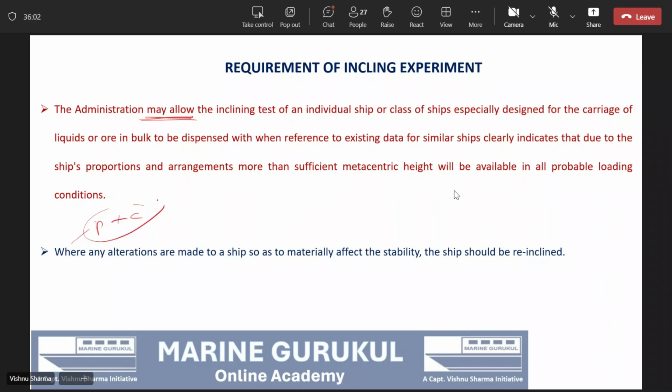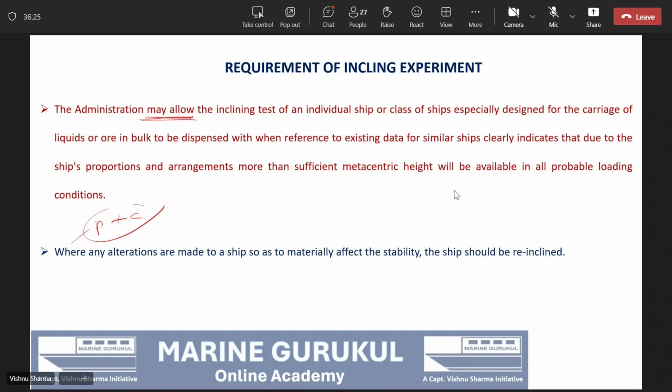But for passenger ships, because there are a lot of lives on board, there is one more requirement. Like you have so many surveys, load line survey, this survey, that survey. On passenger ships, there is also something called a light displacement or light ship survey. At what frequency? Every 5 years.